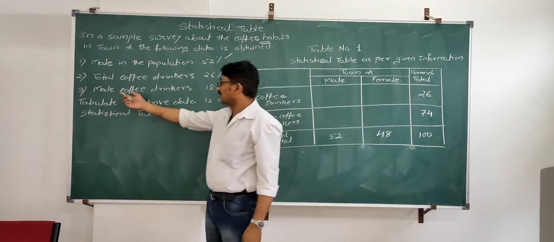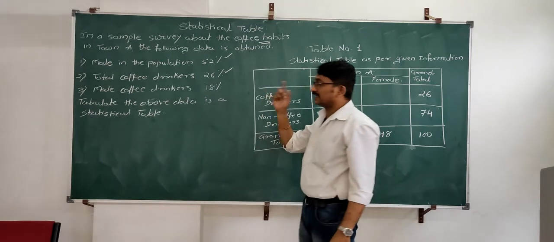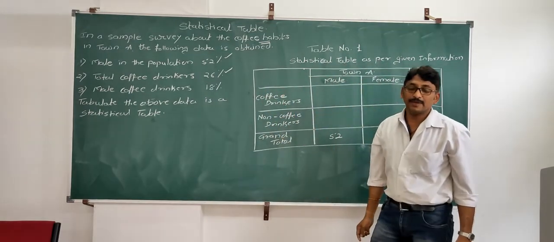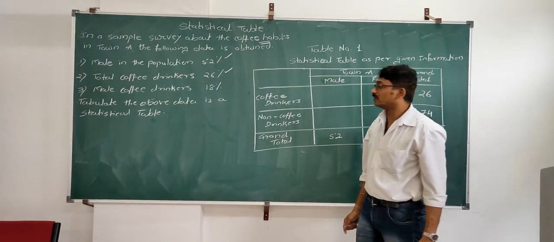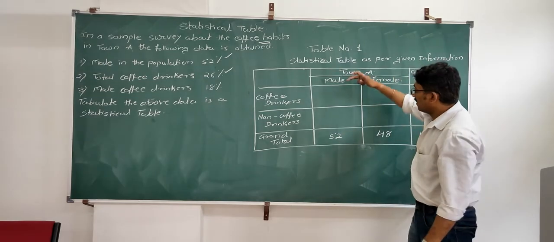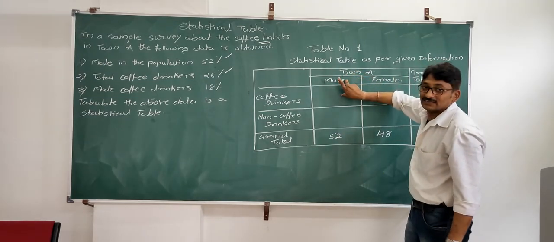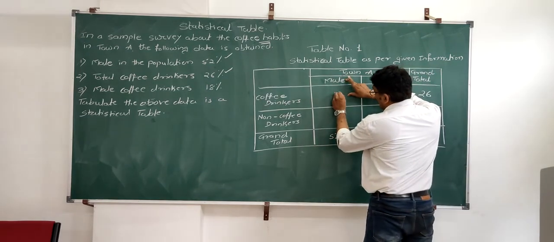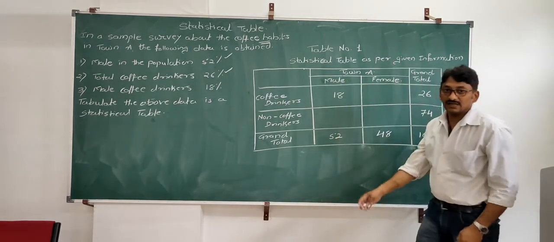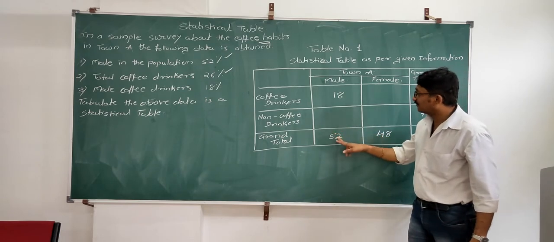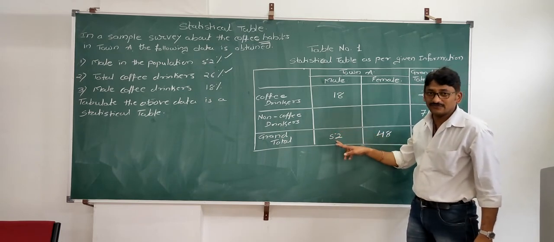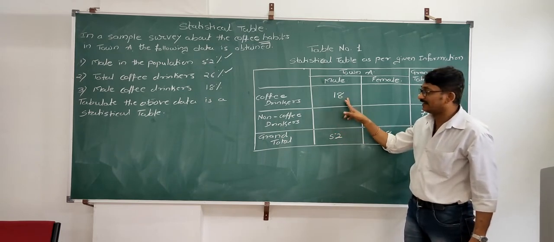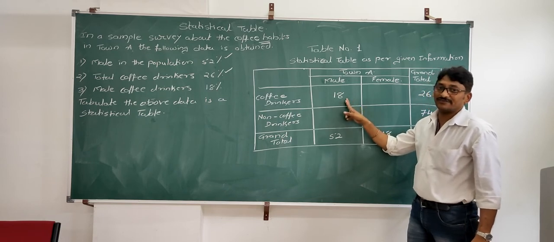Come to the third one, male coffee drinkers. Here clearly it is given. So where to write this? In the male and coffee drinkers column, 18%. This means out of 52 male, how many are coffee drinkers? 18 are coffee drinkers.